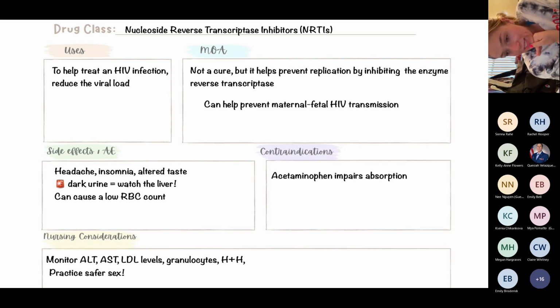That's going to be your ALT, AST, and LDL. And we also need to be looking at our hemoglobin, hematocrit, and granulocytes because it can cause a low red blood cell count. Okay. Additionally, it can turn your urine dark. Dark urine, in this case, will let me know their liver is not doing too hot. Okay.